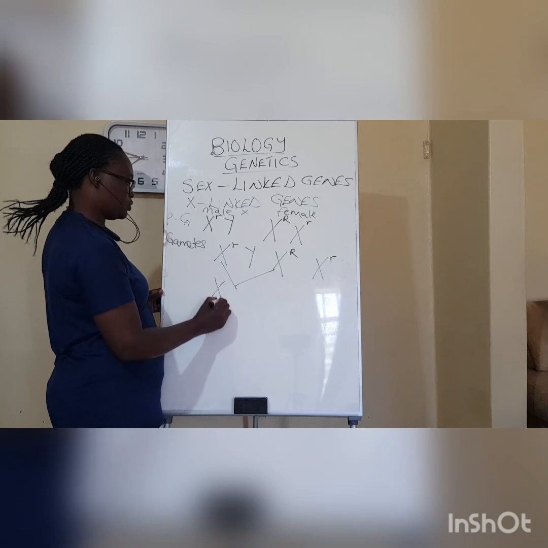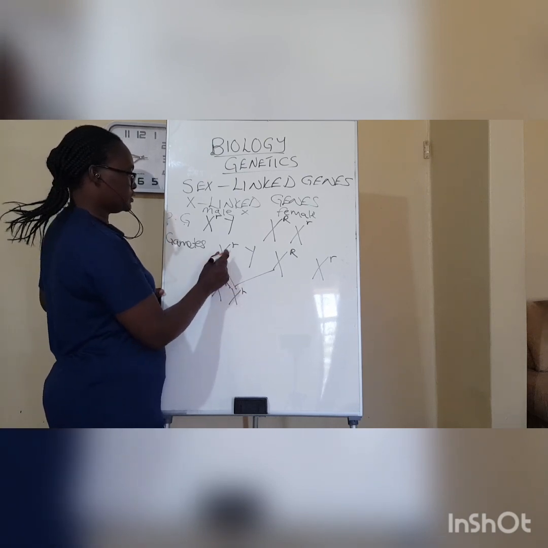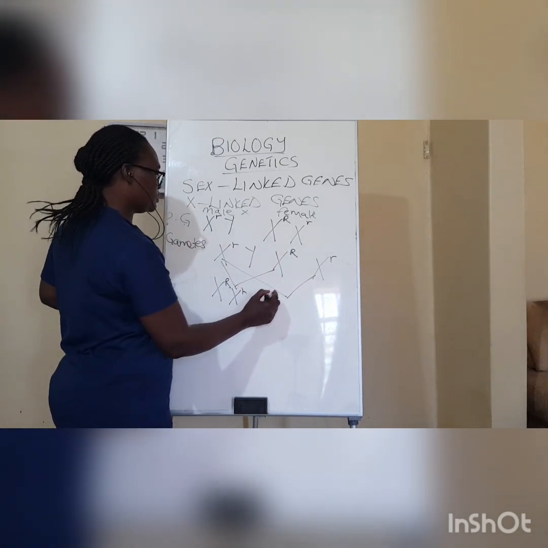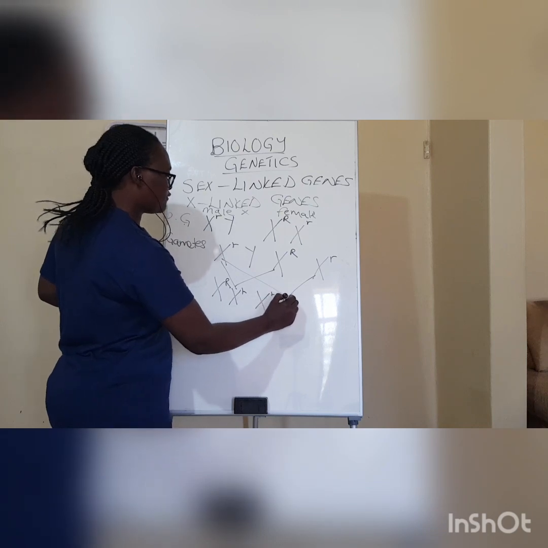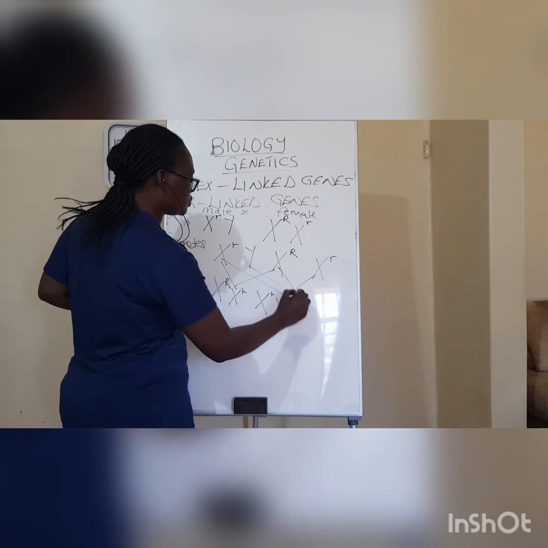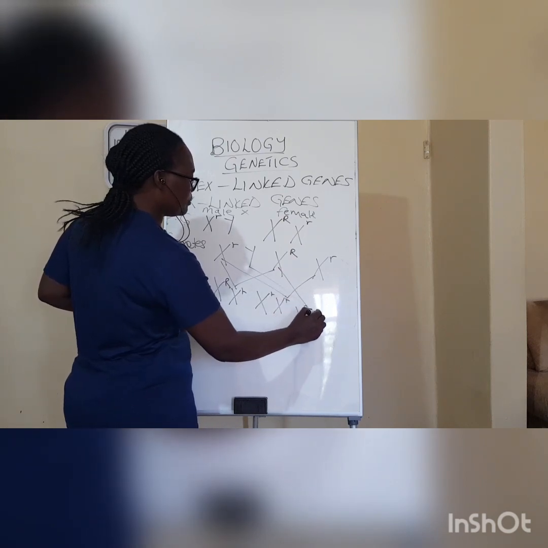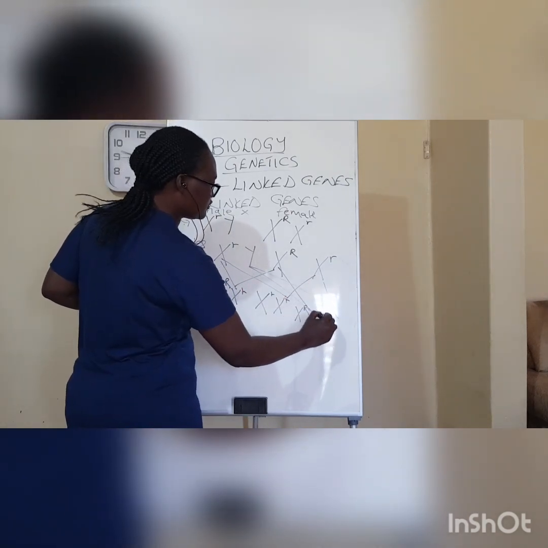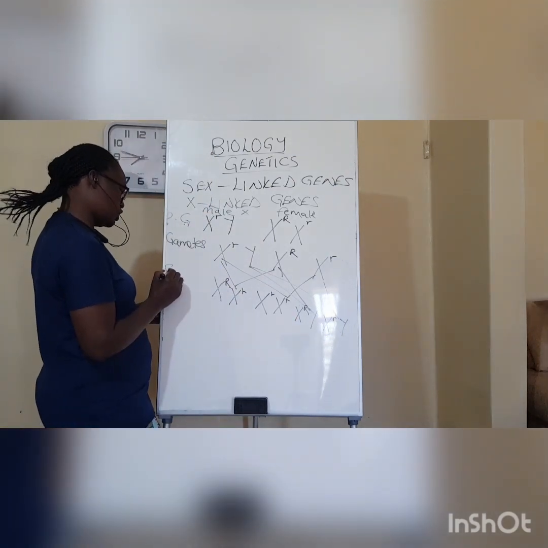We have capital R and small r, isn't it, for this one and this one? Then this one goes with that one. We have small letter r for each. This one crosses with this one. You have a normal boy. This one crosses with that one. We have X, small letter r. This is the genotype of the first generation.